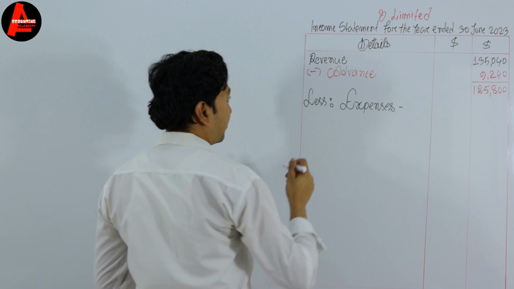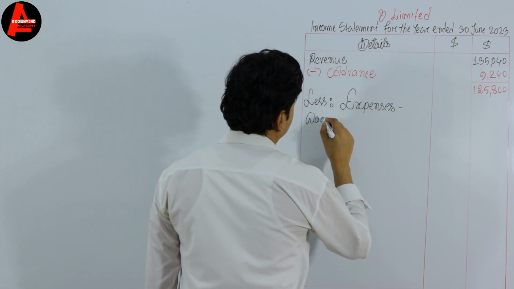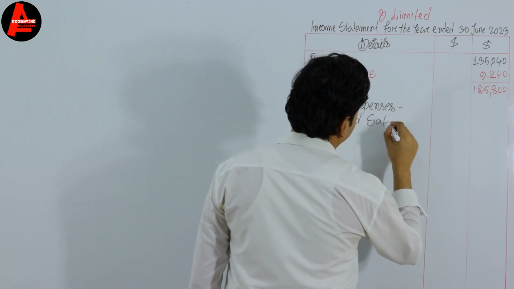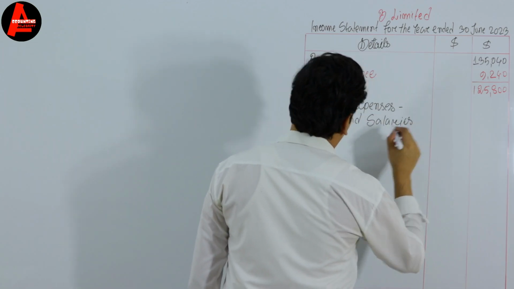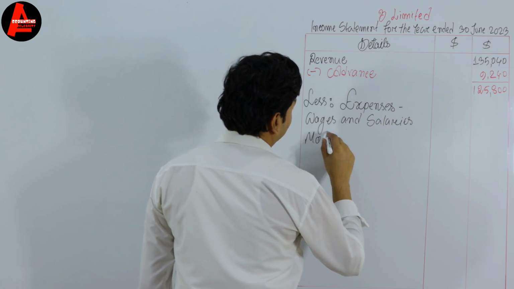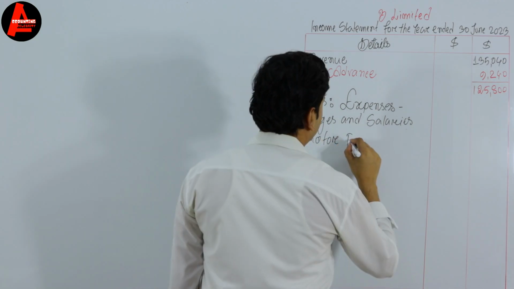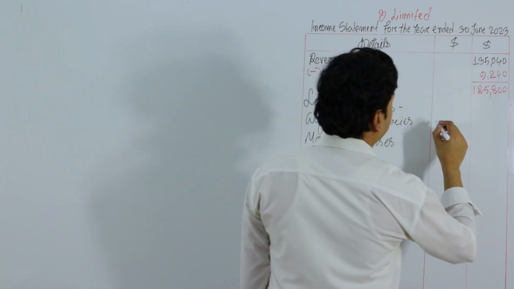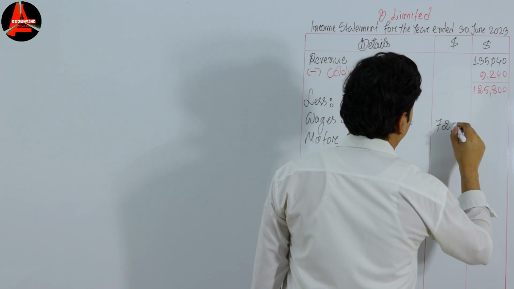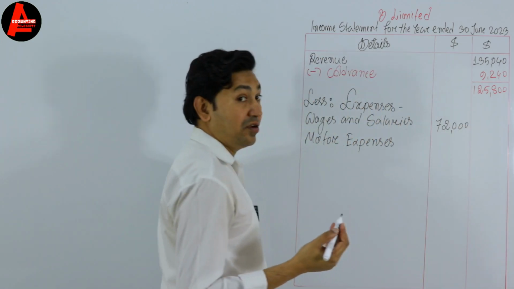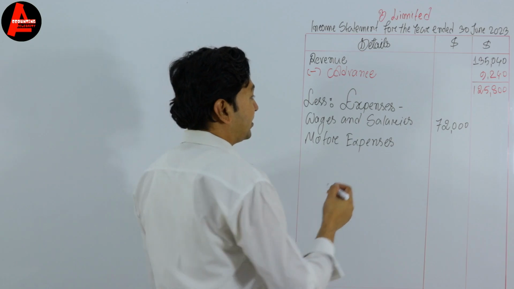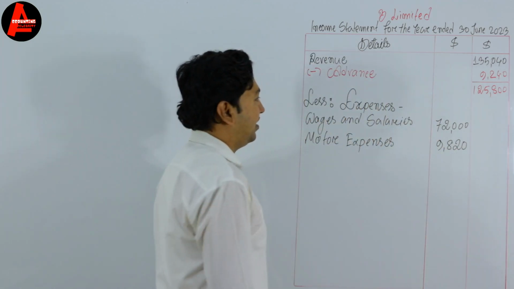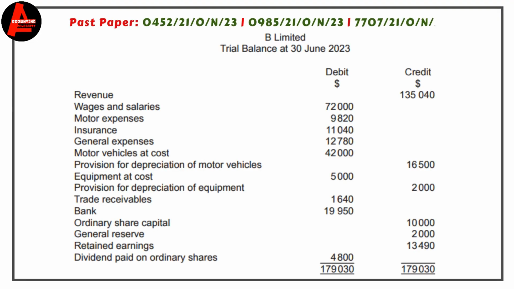The first one is wages and salaries, $72,000 as we see on the question, and motor expenses $9,820, okay?